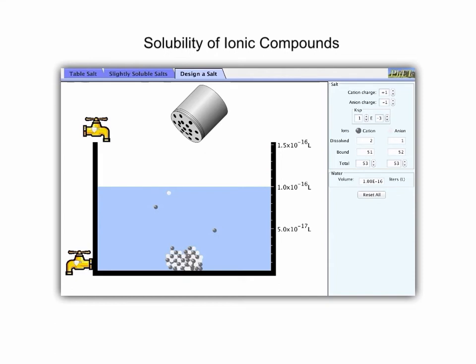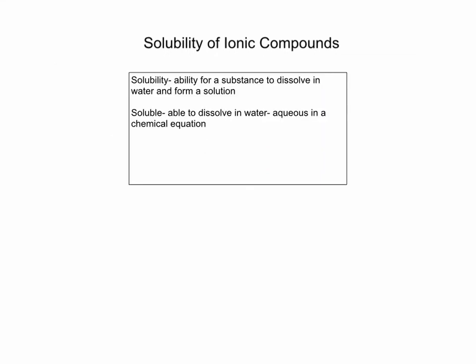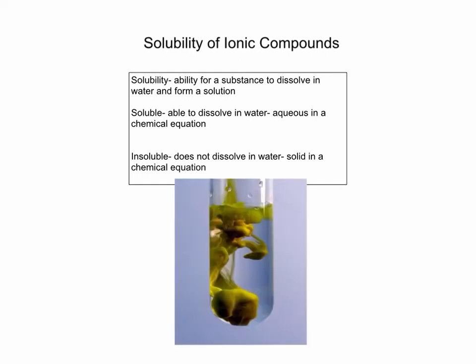A compound that does not dissolve in water is called insoluble. And in a chemical equation, it's going to be solid as its phase. This is an image of a salt that is insoluble.